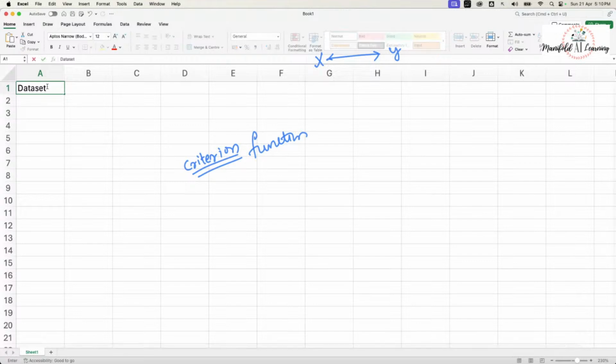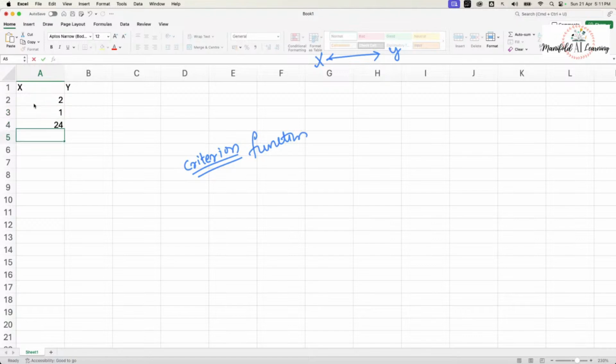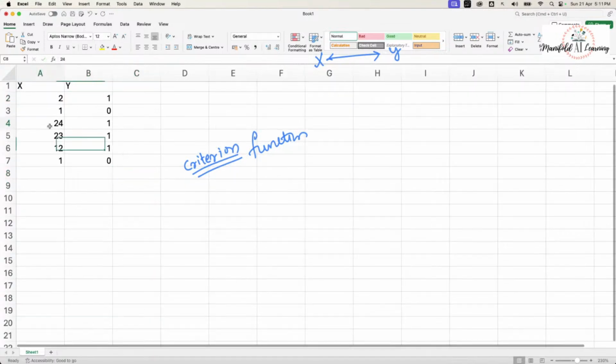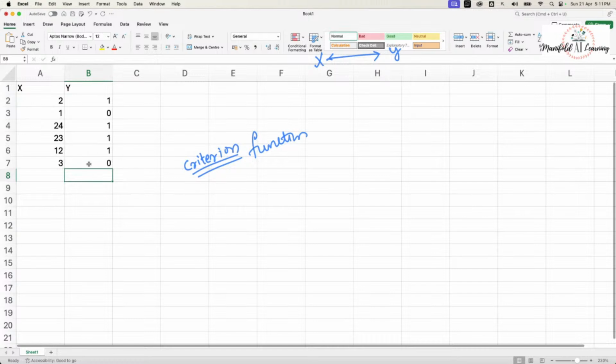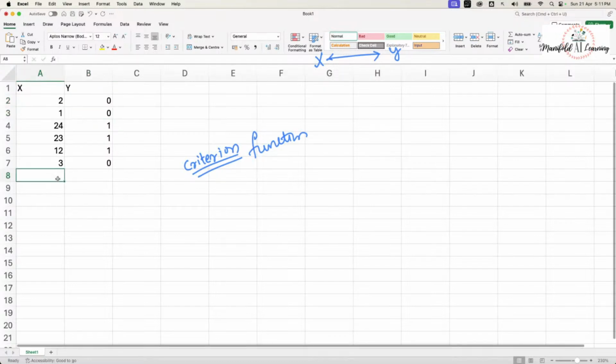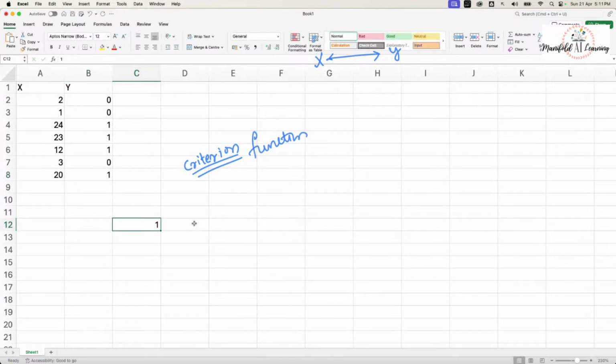Let's say this is my data set, I'll call it X, and I have some Y. I have some values for X, and since we're talking about classification, I have 4 rows where the class is equal to 1, and I have 3 rows that belong to class 0.